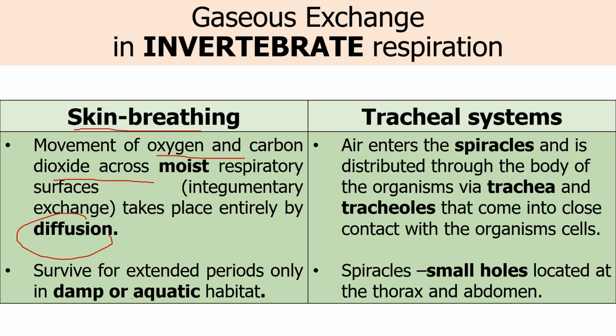While for tracheal system, air will enter the spiracles, the structure with small holes located at the thorax and abdomen, and the air is distributed through the body of the organism via trachea and tracheoles that come into close contact with the organism's cells.